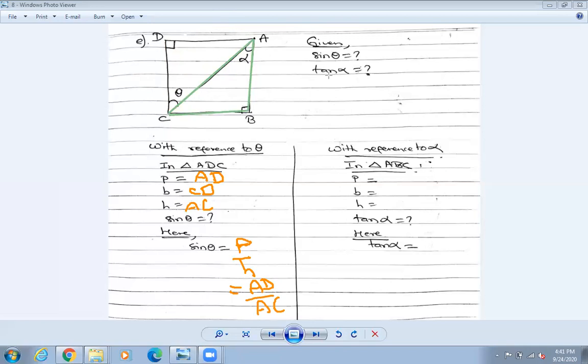Now here, first of all, tell me what is the name of this triangle? ACB, otherwise ABC also we can write. In triangle ABC with reference to alpha, you can just write it like this.